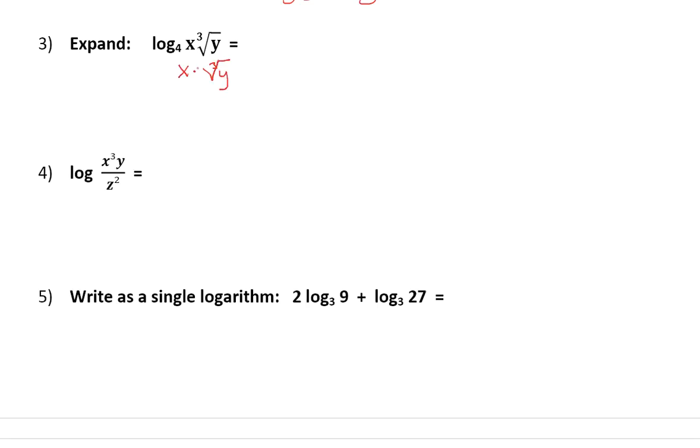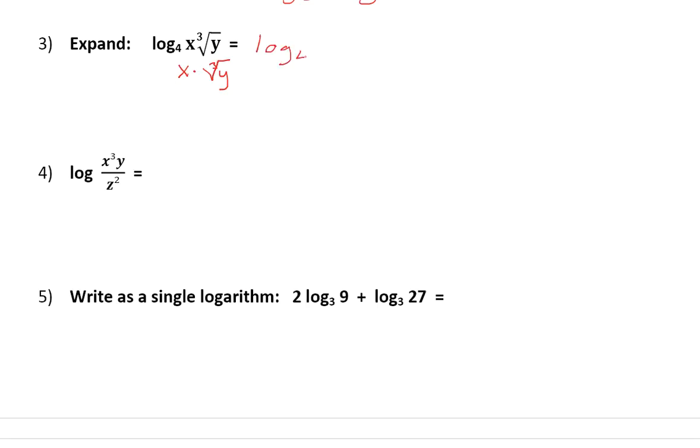So we have two things to do, two properties to use. We're going to split up this multiplying by adding the two logs, and we need to take this cube root of y and write it as an exponent of y to the 1/3 power, if you recall from our chapter on roots. So let's split up the multiply into add.